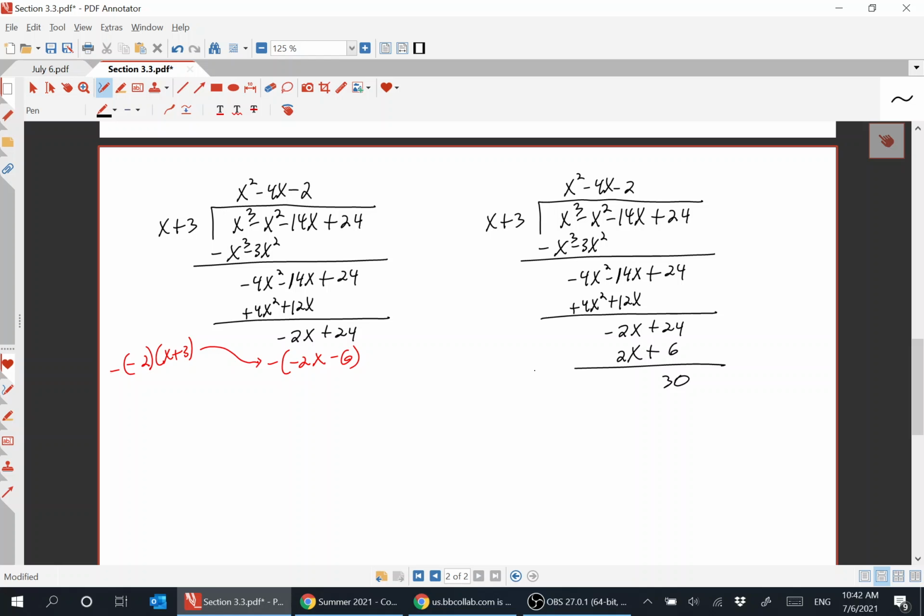Okay, now what's left here? At this point, we're done. Now what does this mean? So this is a polynomial of degree 0. This is a polynomial of degree 1.